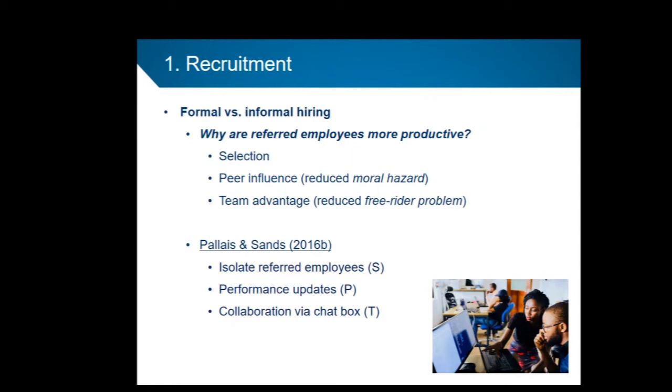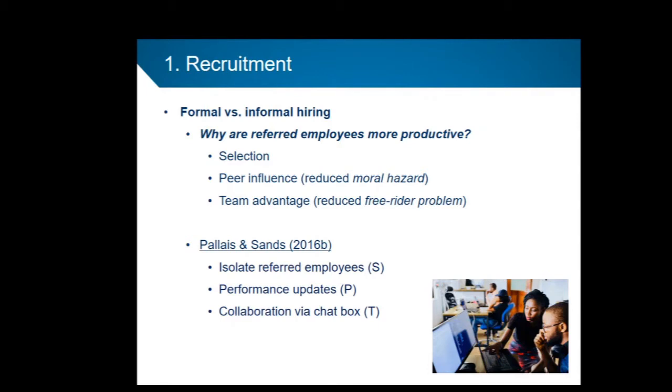The second is peer influence: referred employees want to perform because they don't want to let down the person who referred them in the first place. The final hypothesis was team advantages: employees refer people that they have a team advantage with. So the employee who refers and the referred employee together have a kind of team advantage.